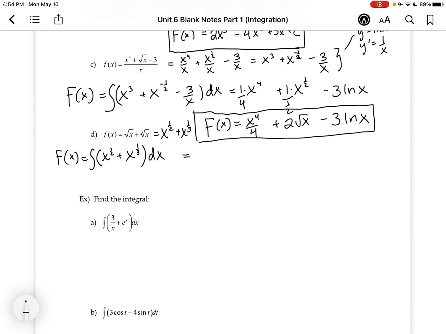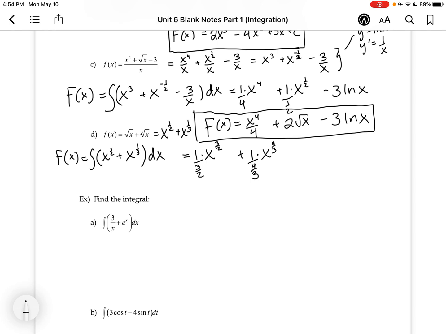And remember, we have to add 1 to the exponent and then divide by, or go 1 divided by that new exponent. So it's going to be 1/2 plus 1 is 3 over 2 times 1 over 3 over 2 plus 1/3 plus 1 is 4 over 3. So x to the 4 over 3 times 1 over 4 over 3.